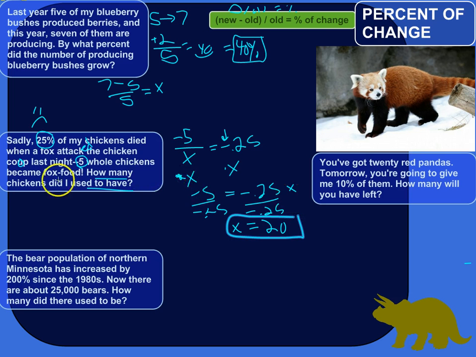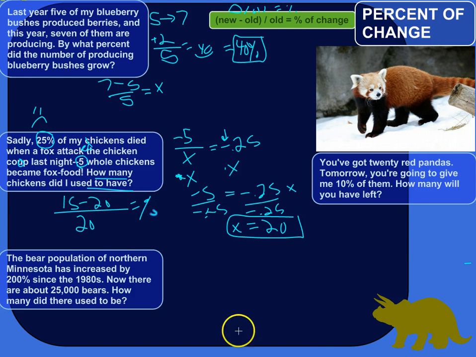So think about it. Let's check it. I've discovered that I used to have 20 chickens. My number of chickens last night went down by 5. So now I've got 15 chickens, right? So my new number of chickens is 15. I used to have 20. So 15 minus 20, the new number minus the old number, over the old number is the percent of change.